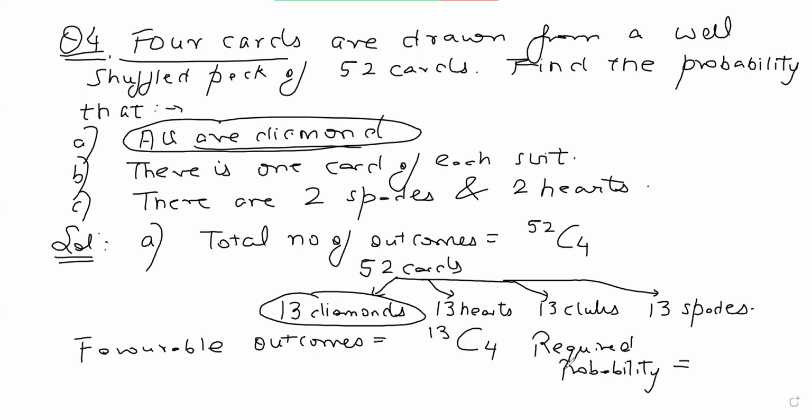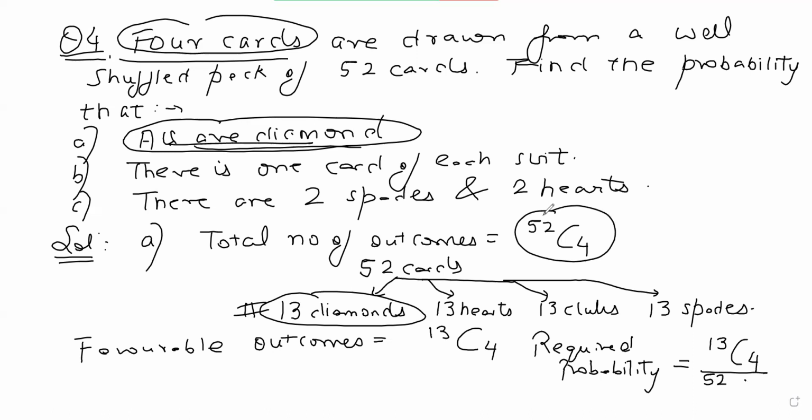Required probability is favorable outcomes 13C4 divided by total outcomes 52C4. I can leave my answer here: 13C4 over 52C4. That is my answer for part A.